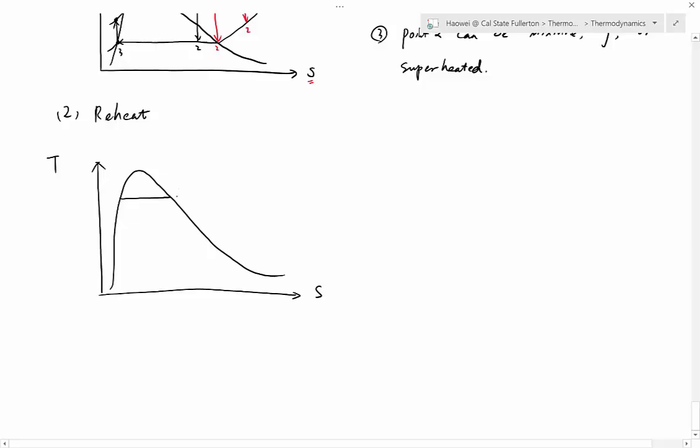And let's sketch one constant pressure line, and sketch another one. Okay, so number one is the exit of the boiler. 1 to 2, still a turbine, but this time it's the first turbine. We call it first stage turbine.